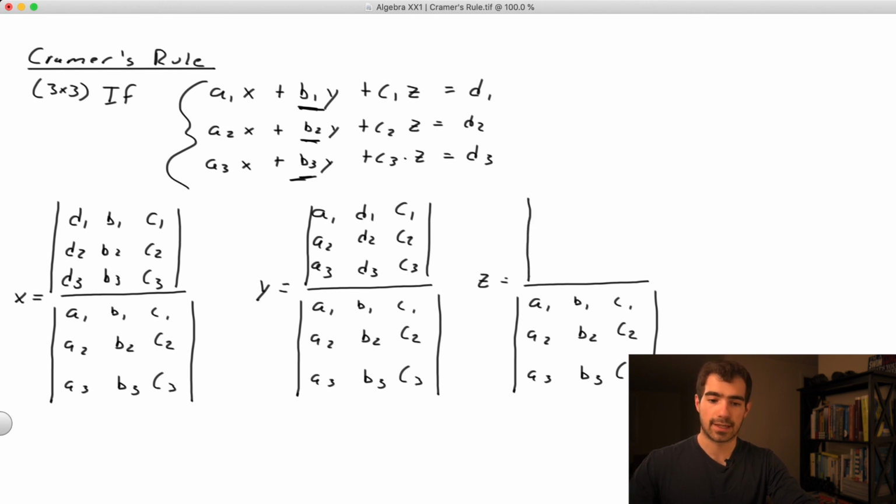And as you might be able to guess at this point, for z it will be a1, a2, a3, b1, b2, and b3 across the first 2 columns, but then the third, the coefficients of z, will be replaced with those constant terms d. And so we'll have d1, d2, and d3.